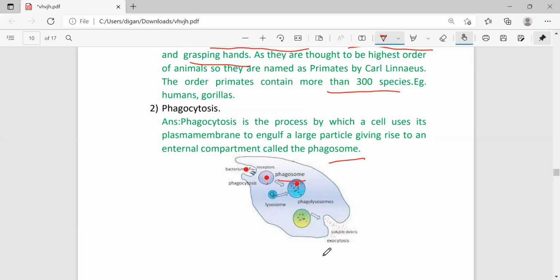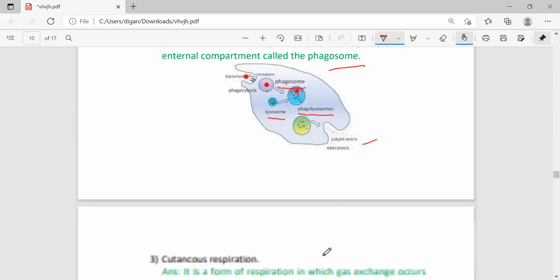After that, this phagosome mixes with the lysosome and forms a phagolysosome, and then it absorbs the particle, and the soluble debris are excreted from the body. So this process is called phagocytosis, and this is found in the case of amoeba.